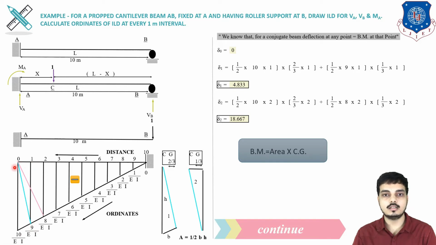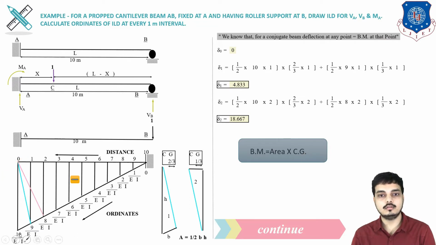This much part we have to consider for deflection at 1. While standing at 1, on the left hand side you can see there is only this much part. So how to solve it? We know that bending moment is nothing but area into CG. So as a rule for conjugate beam, deflection is nothing but bending moment, and bending moment is nothing but area into CG.